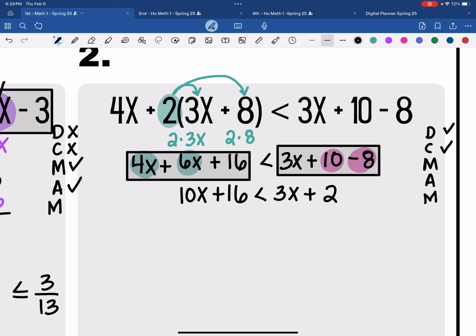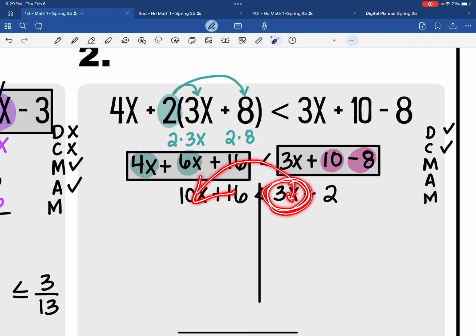Now, this third step, to move the variable, is the one that seems to be the issue each time we're solving, whether it's an equation or inequality. If I draw that line down the inequality sign, I should be able to see that on the left I have a positive 10x, but on the right side I have a positive 3x. I don't want that variable on the right side. I need to move it over here.